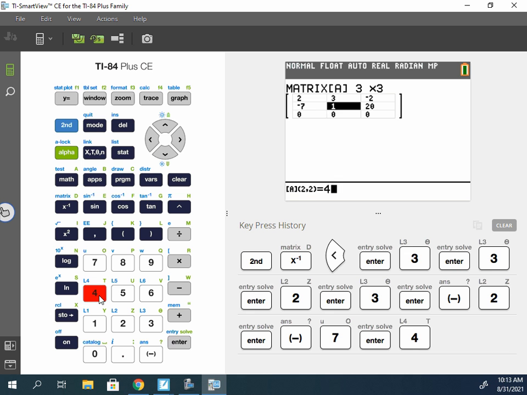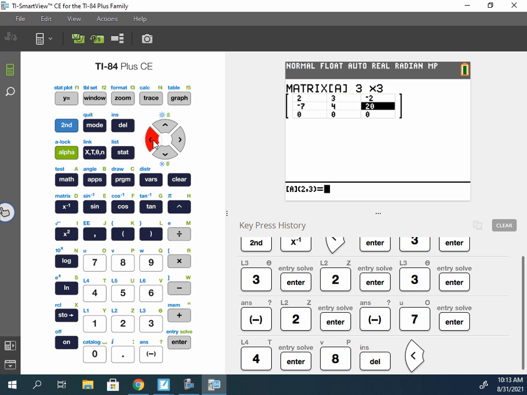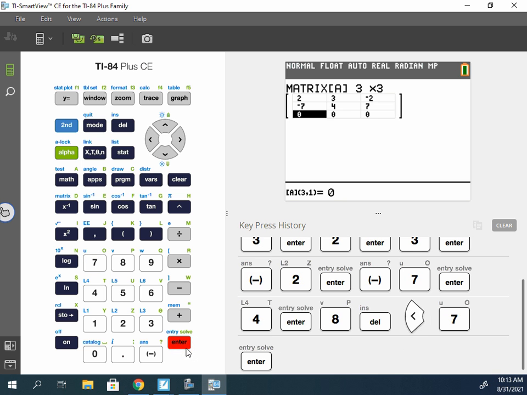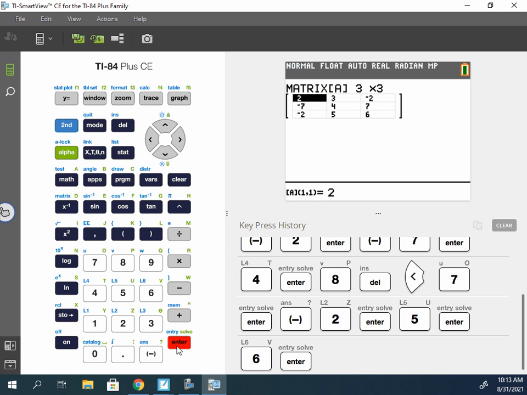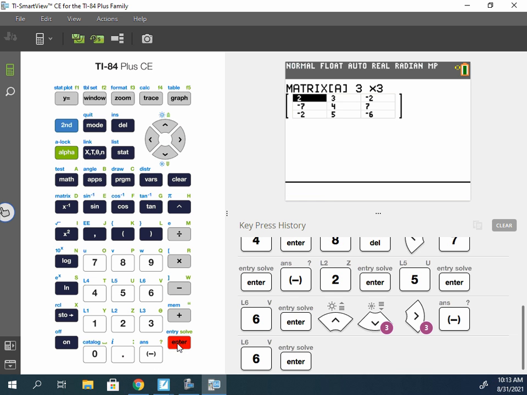Negative 7, 4. That's supposed to be a 7. And then negative 2, 5, negative 6.